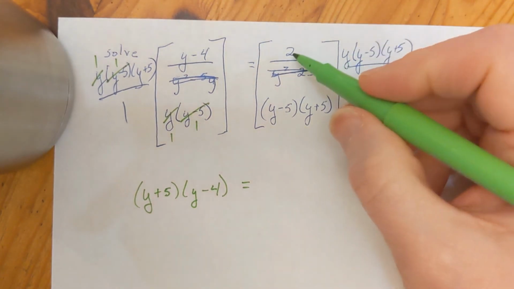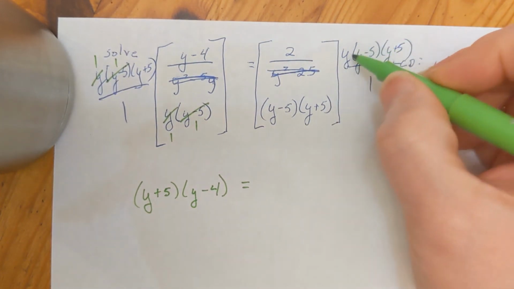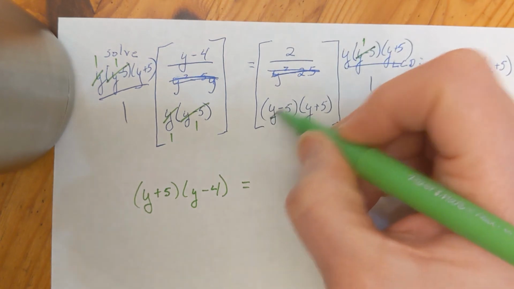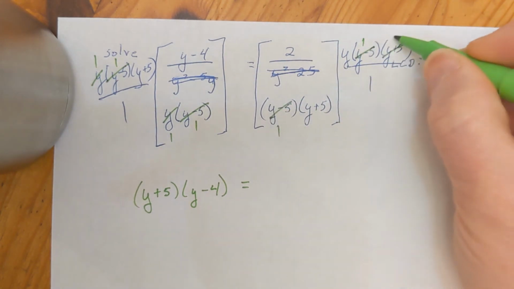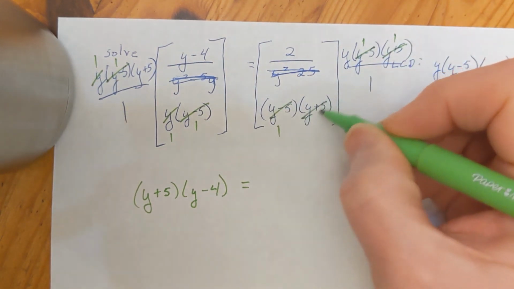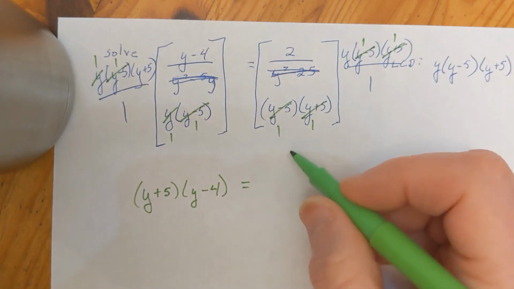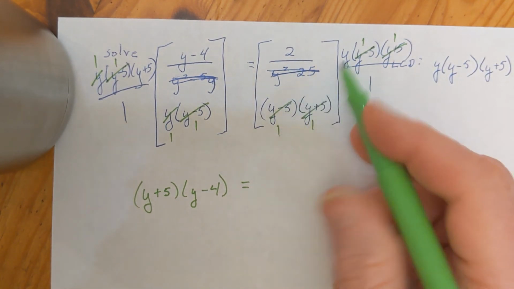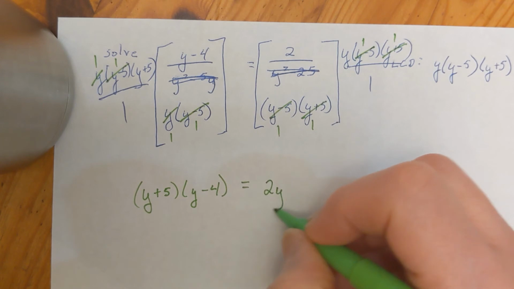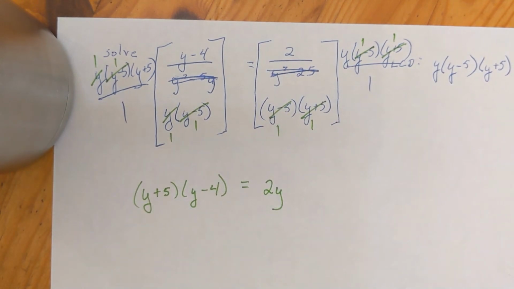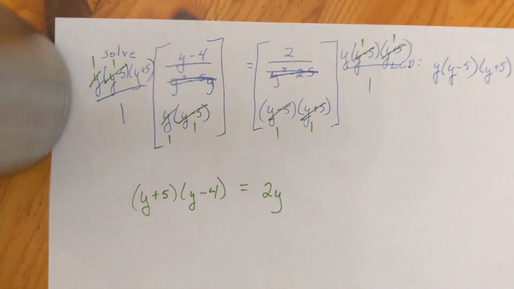Over here, I can divide out y minus 5 with y minus 5, y plus 5 with y plus 5, so I get 2 times y. And there is a much simpler equation to solve.